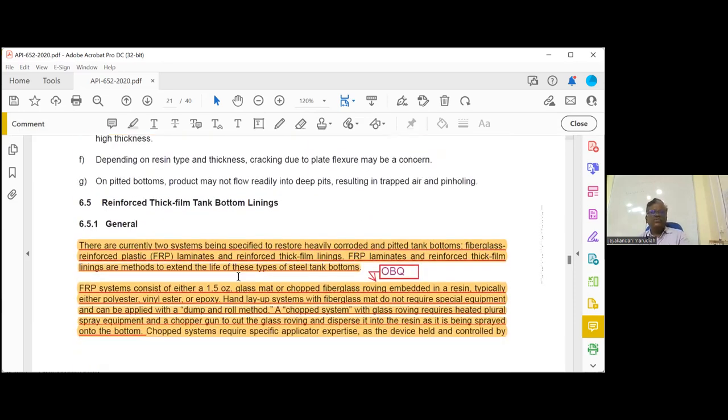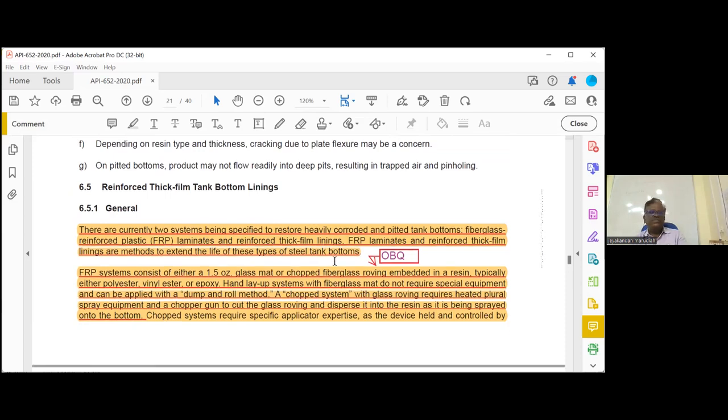Then we'll go to the reinforced. See, thick film lining, generally they will go for reinforced only. Unreinforced is very rarely used. There are currently two systems being specified to restore heavily corroded tank bottoms: fiberglass reinforced plastic laminates, and reinforced thick film lining. FRP laminates and reinforced thick linings are methods to extend life of the tank bottom.